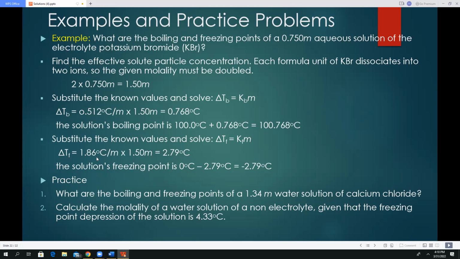And that is going to give us 1.86 times 4.02, because we account for the dissociating. And that gives 7.46 is what I get, Celsius. And the freezing point is 0, so that would be negative 7.46. And let me see, if that's what I got, then that is correct.